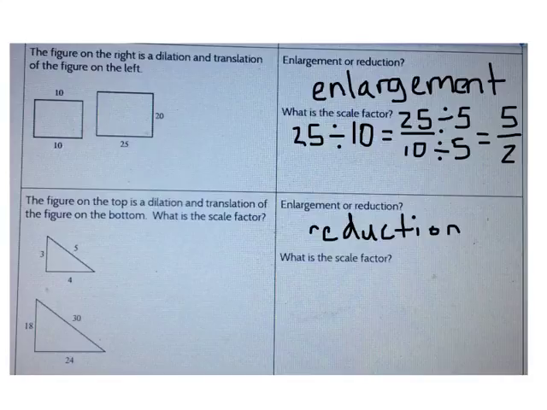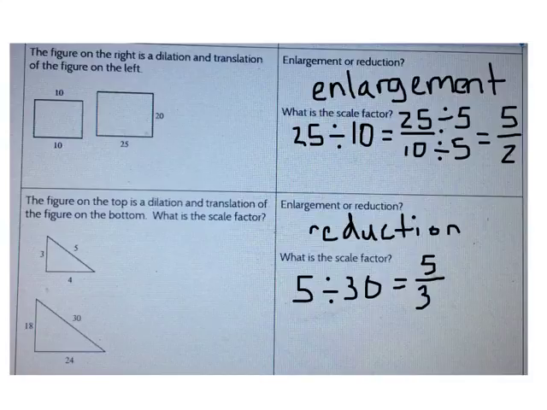I can divide one set of corresponding sides to find the scale factor. The side that corresponds to 5 is 30. I divide the new by the original. How would I write 5 divided by 30 as a fraction? It's 5 over 30.